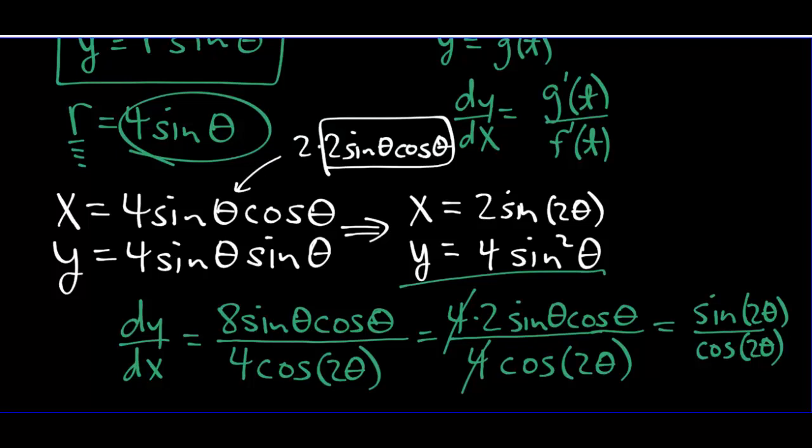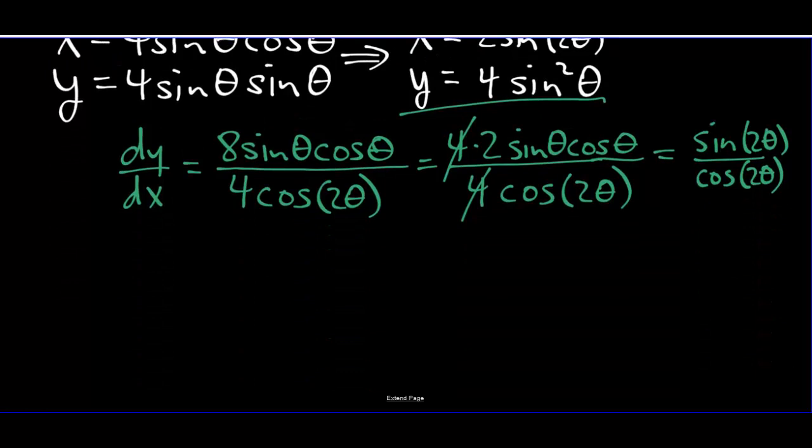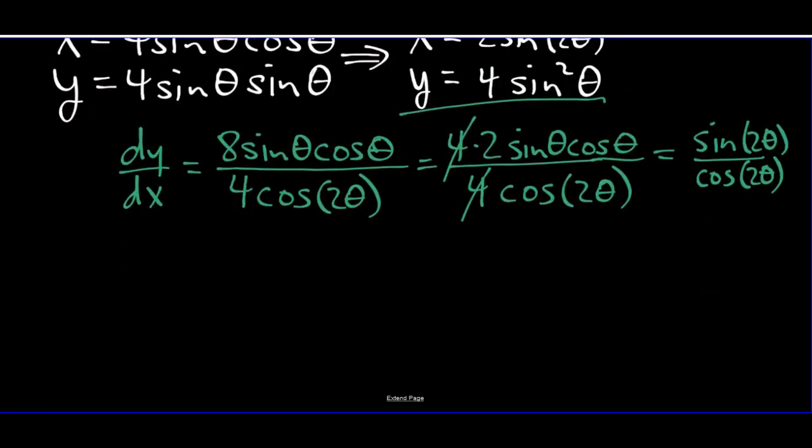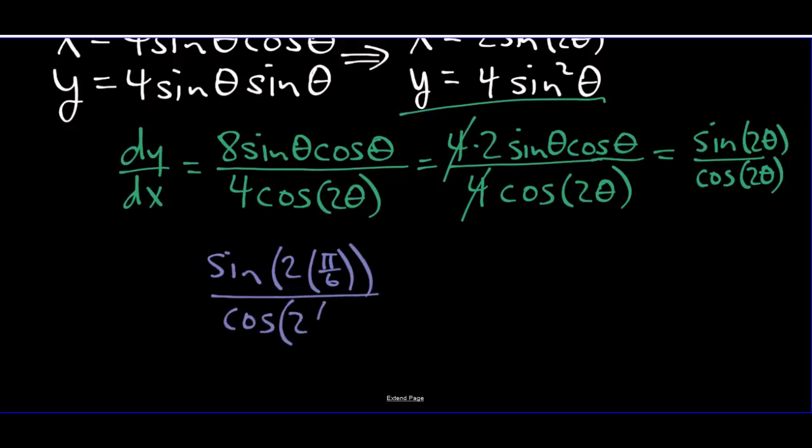This will give me the slope of the tangent, the change in y with respect to x. So let's see this in action. Let's suppose that we want the slope of the tangent at pi over 6, for example. So let me put in pi over 6. I'm going to take sine of 2 times pi over 6 over cosine of 2 times pi over 6.